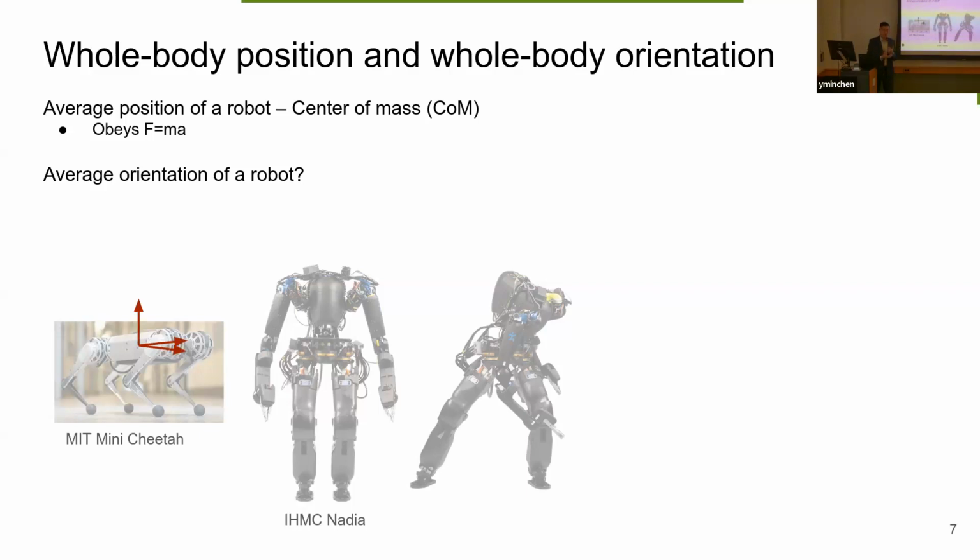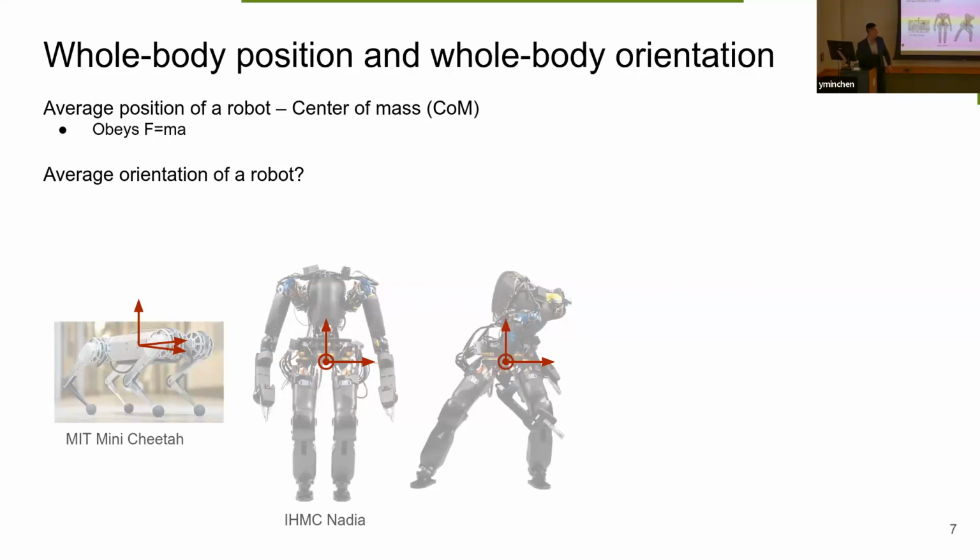We intuitively know, if we look at MIT Mini Cheetah, the orientation of this robot is probably well captured if we use the base orientation, the torso frame. For Nadia, when it's standing straight like this, using the torso is fine.